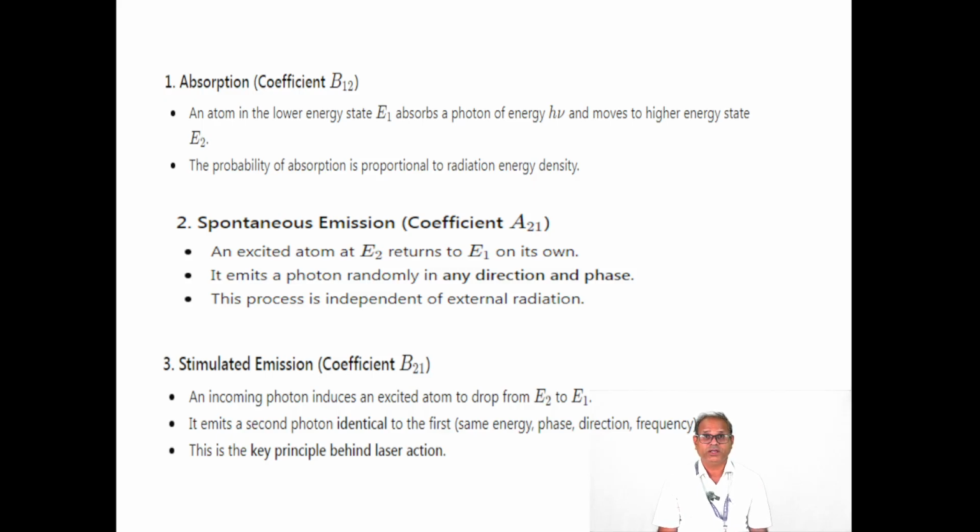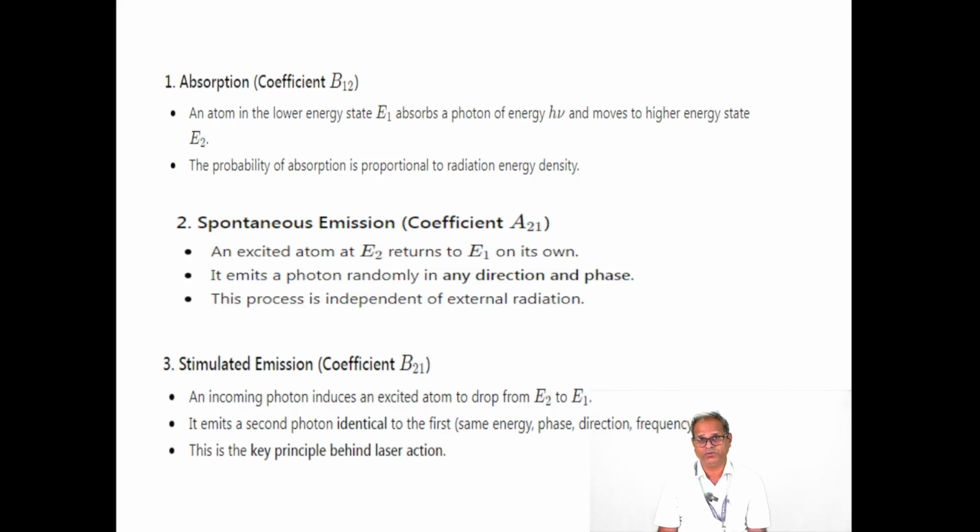In stimulated emission, the atom drops from the higher energy state to the lower energy state, but with the help of an external photon, which stimulates it. When I talk about the rate of stimulated emission, it will obviously depend on the number of atoms present in the excited state, but with one more factor.